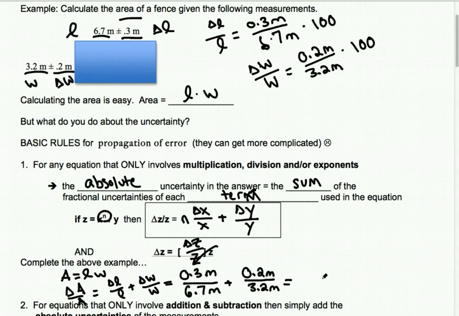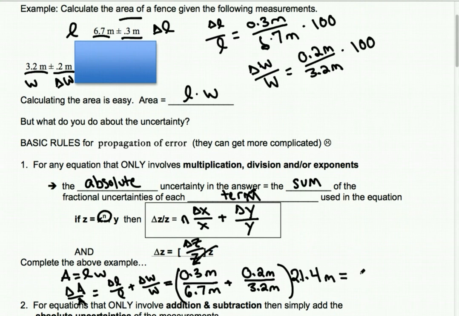And so when we add this together, actually what I'm going to do is multiply this by my area, so cross multiply by that A. And the A I came up with was 21.4 meters.